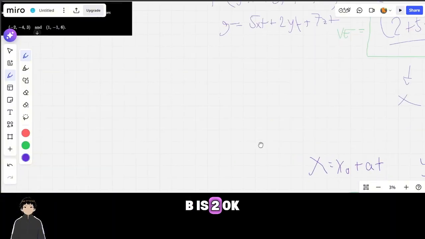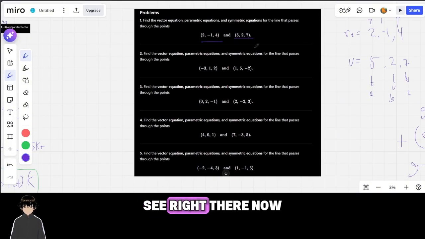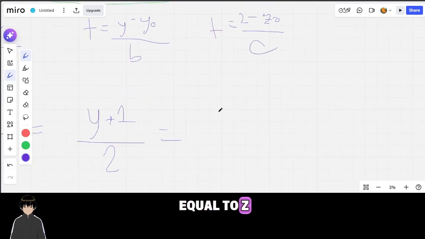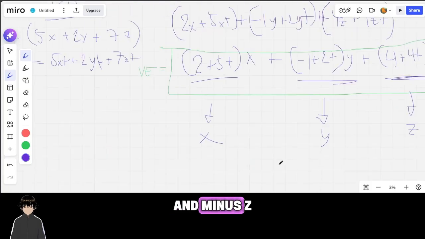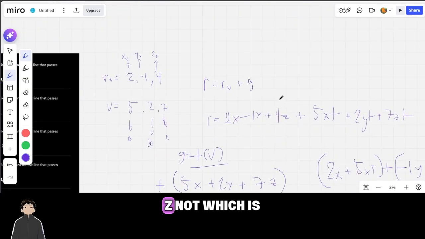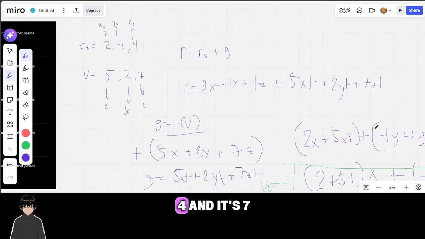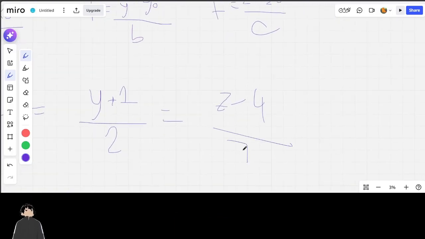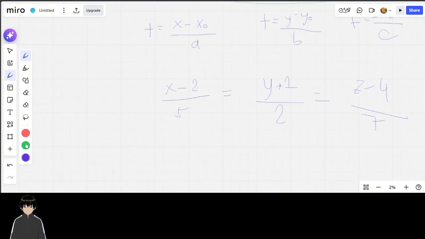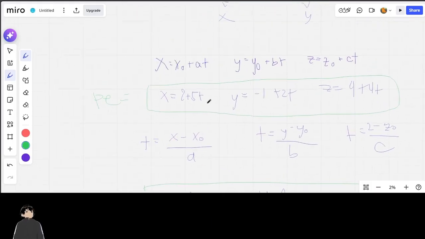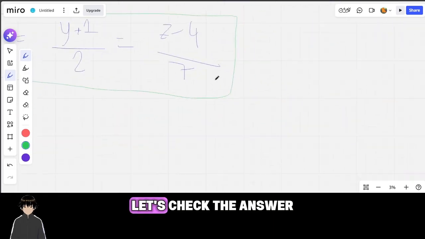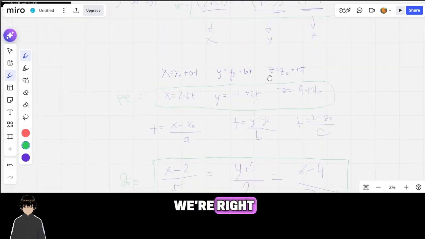Now that's going to be equal to z minus z naught, which is 4, and then 7 is c. So we have 4 and 7. And that's going to be the symmetric equations.